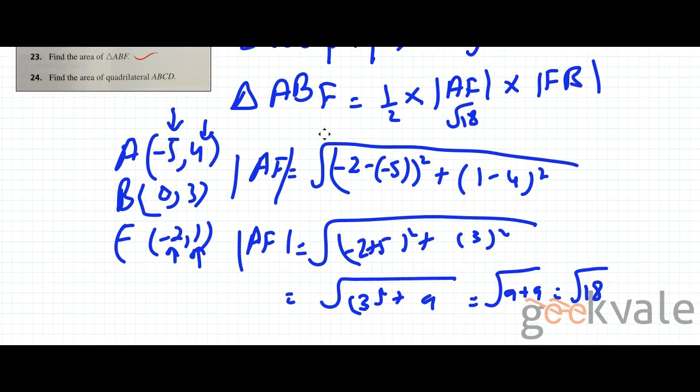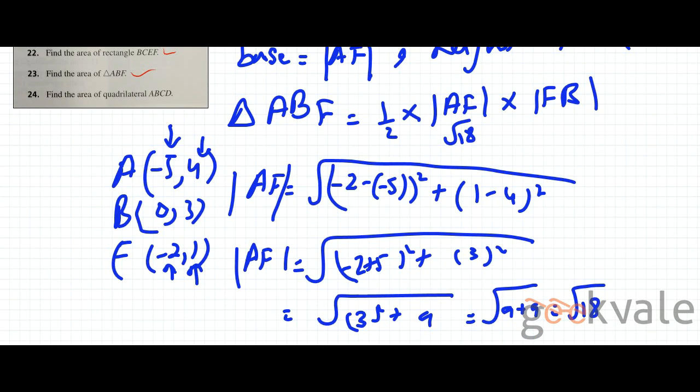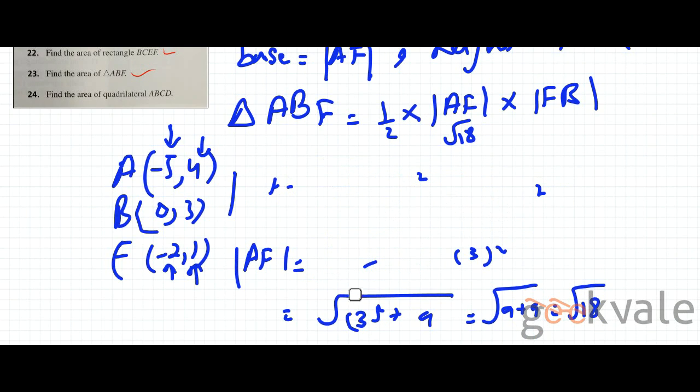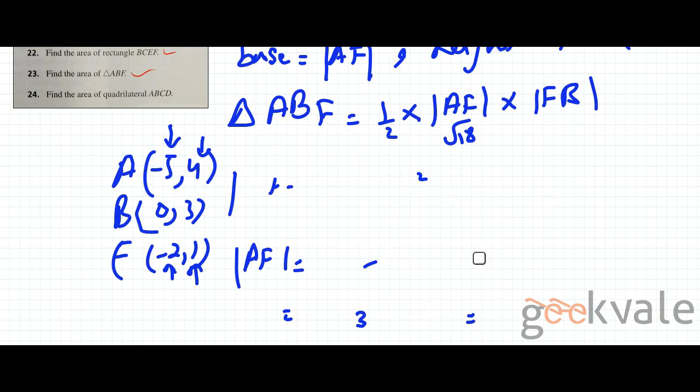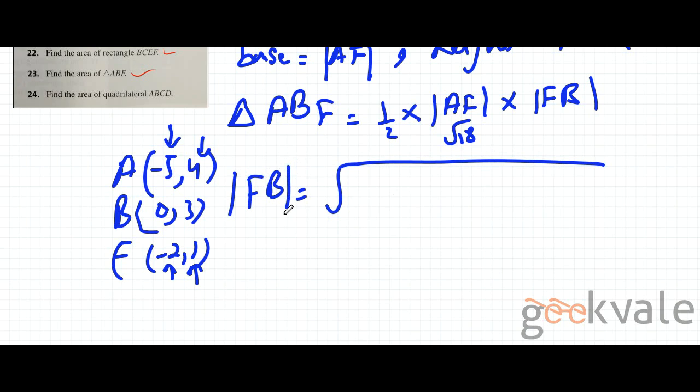The second thing that we need is the distance FB. So let's erase that first of all. We need to calculate the distance FB. The distance FB will be equal to the square root of x2 minus x1 whole square again. In this case, B will be serving, 0 will be serving as x2, so 0 minus minus 2 whole square. You can use it the other way around.